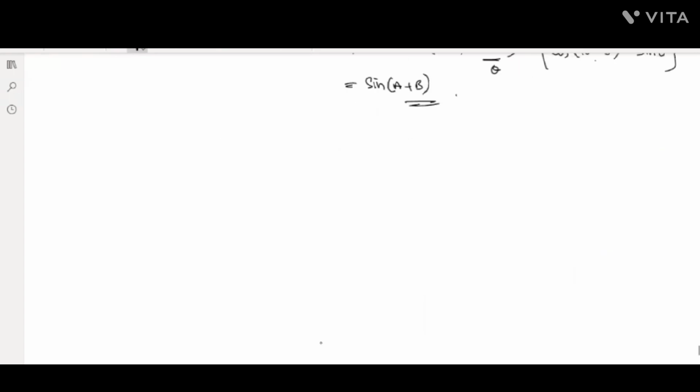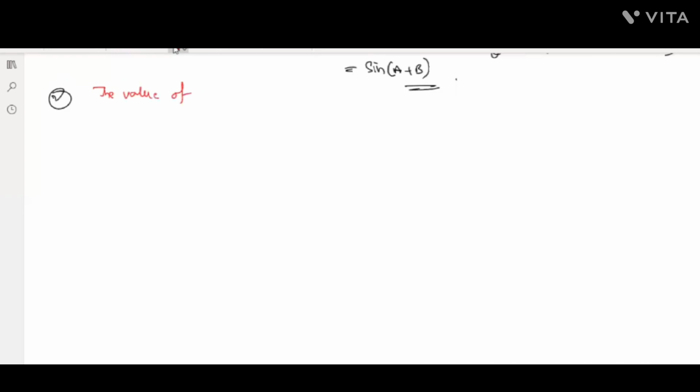So this is the way how we use this compound angle formula. So next question. Question number 2. The value of sin (n plus 1) a into sin (n plus 2) a plus cos (n plus 1) a cos (n plus 2) a equal to.